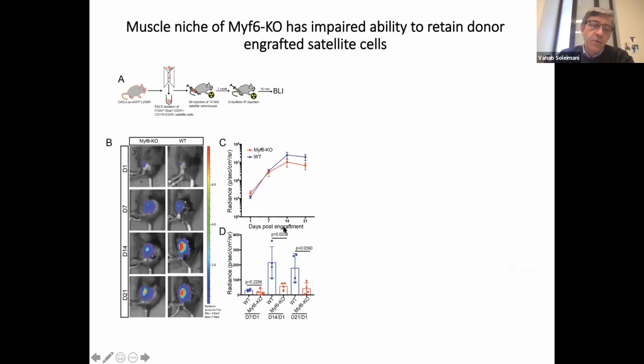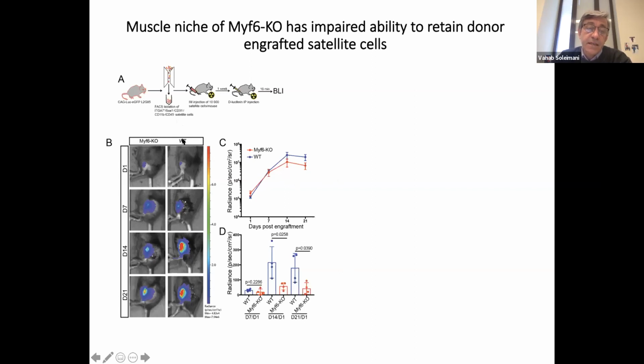So essentially, because we were saying that the niche is defective, not the cell, what we have here is a luciferase-expressing mouse from which we isolate satellite cells. Then we have MIP6 KO and wild type mice, we irradiate these mice, we inject the same number of luciferase cells from the same mice into them, and then we monitor the luciferase activity by bioluminescence imaging for 21 days.